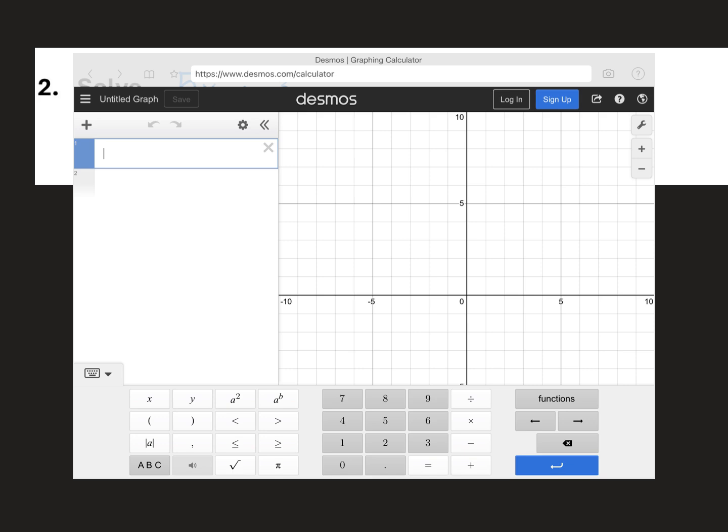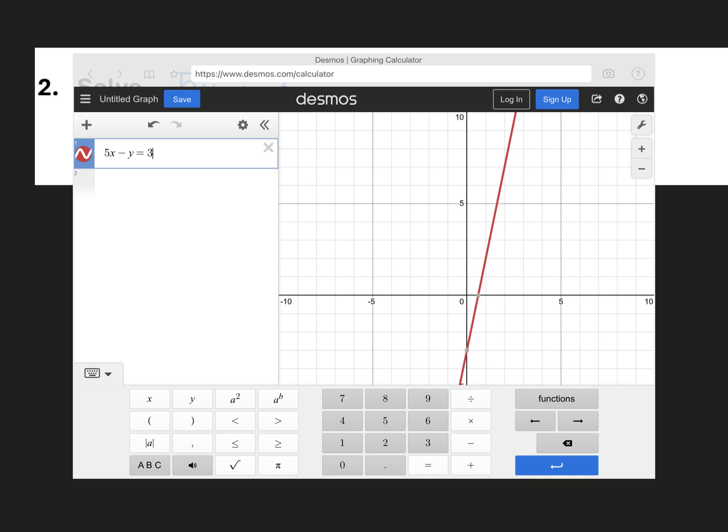I'm sorry, I covered up the equations. So 5x minus y equals 3. So this is what you'd be typing in Desmos.